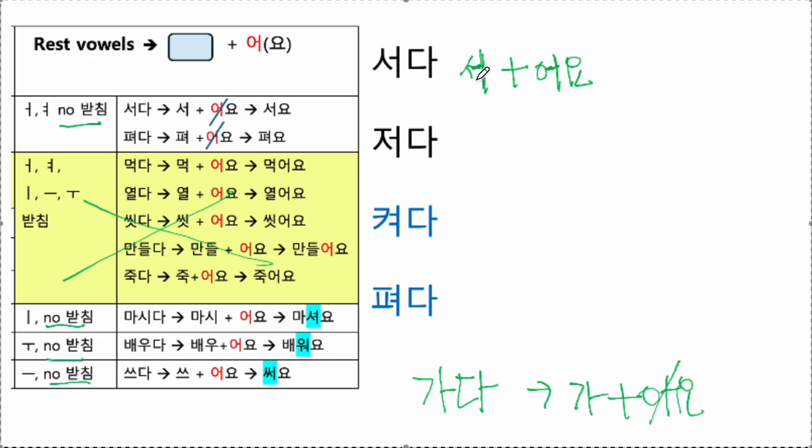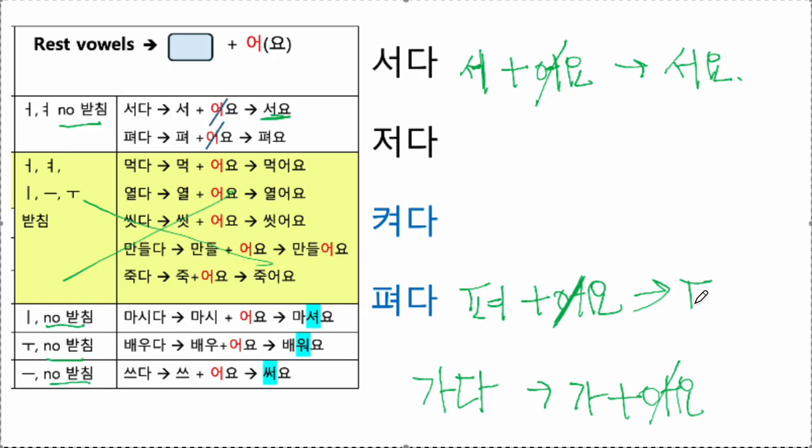But if you say it fast, 서요. So you just drop that and it becomes 서요. 펴요, which means open, 펴. It's a 여. Same thing, 펴 plus 어요. If you say it fast, 펴요. So we drop it and it's 펴요.